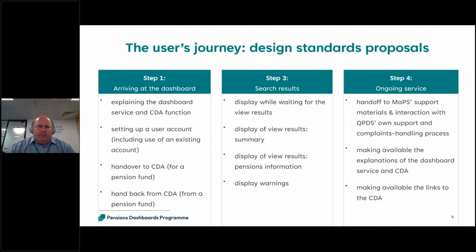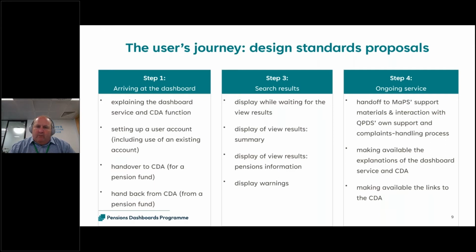And breaking that down into a little bit more information, unpacking each stage. So there will be design issues around explaining the dashboard service and the function of what's going on in the central digital architecture. Controls around setting up of a user account or using an existing account. Handling how it's handed over into the central digital architecture step, that's step 2, and how we get that information back.